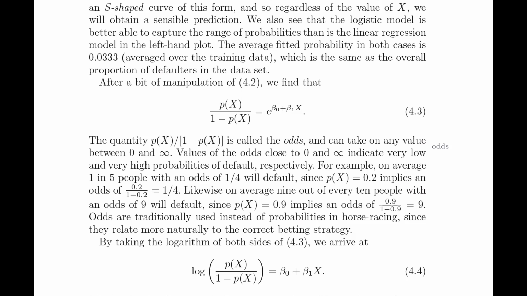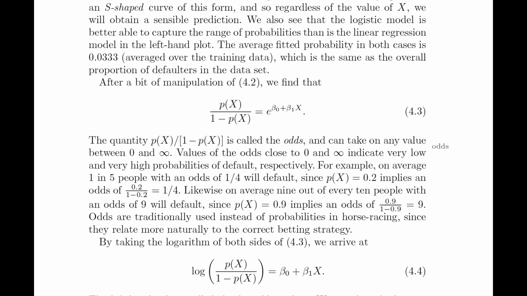You see, for example, 7-2 odds. And it can take on any value between 0 and infinity. 0 is if the numerator is 0. Infinity is if the numerator is 1, you would end up dividing by 0.